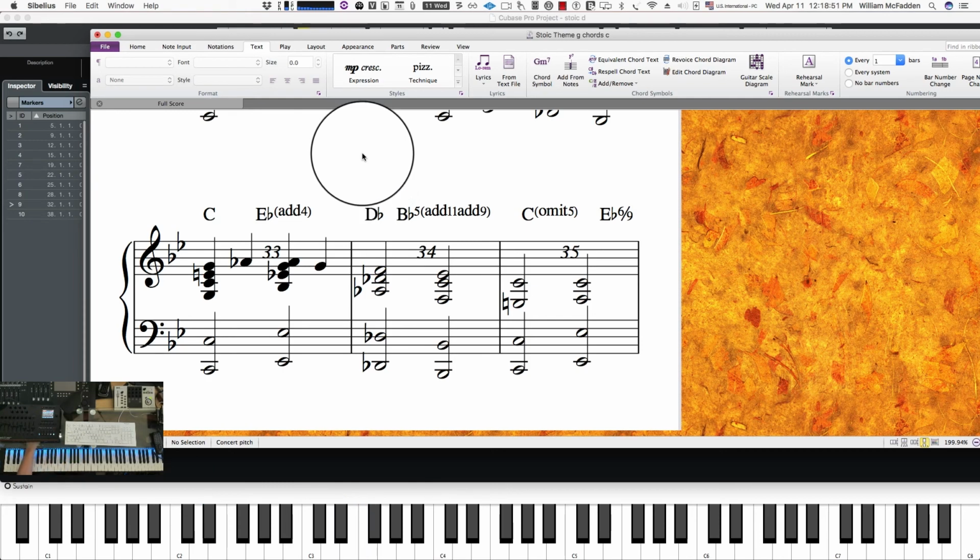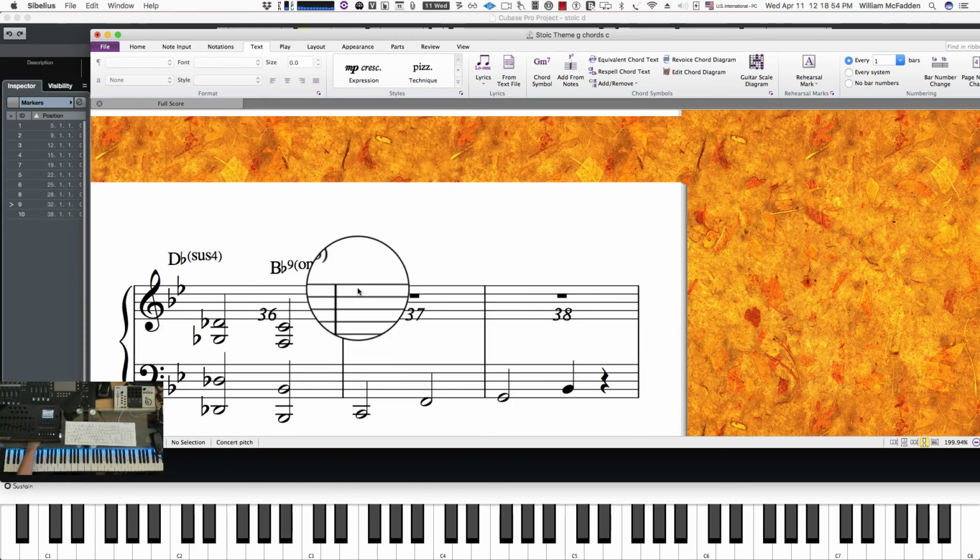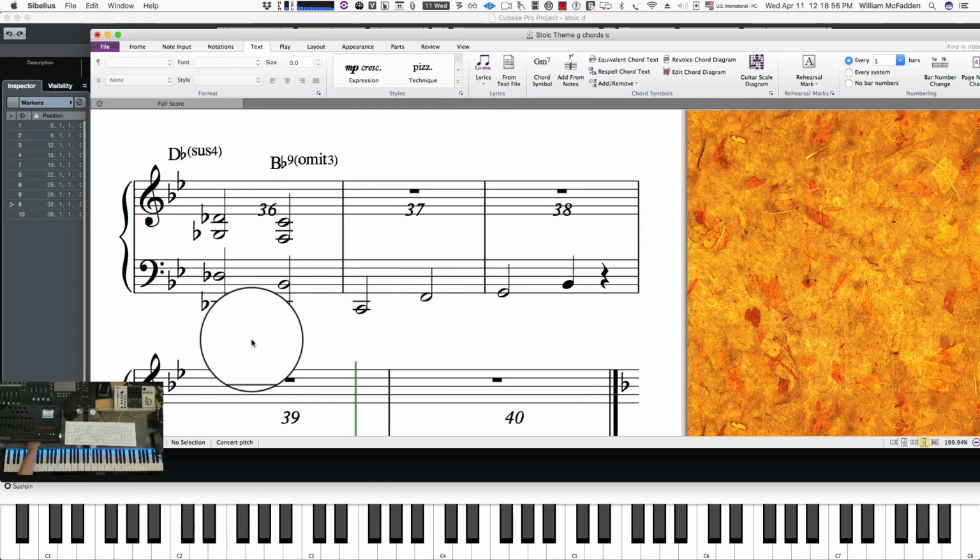And then in measure 36, we are back to the D flat again. So you actually have your 4th, here's your 4th and your D flat. Everything else is D flat. And then we go down to a B flat. So here's your 5th, here's your 9th, and you're omitting the 3rd.